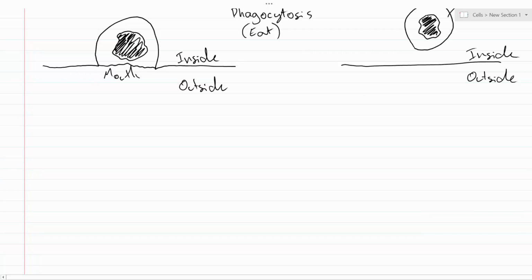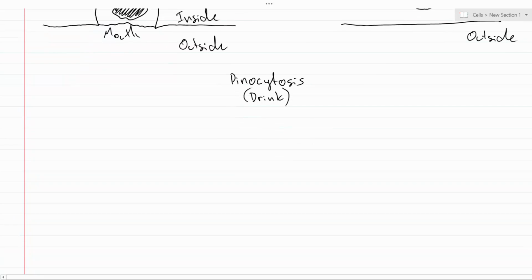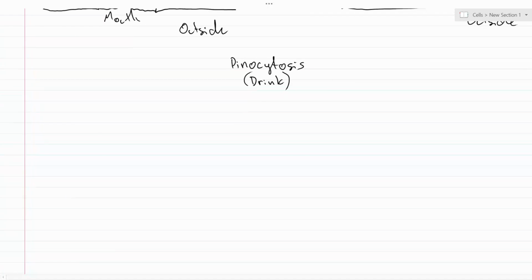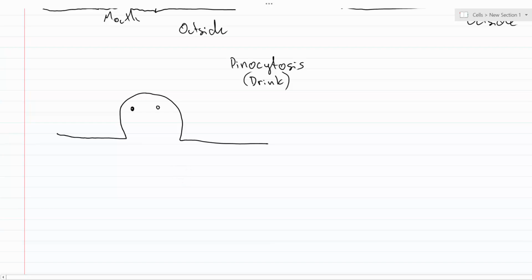Our second type of endocytosis is something called pinocytosis. And this translates to drink. So this is to do with liquids. What will happen in the case of pinocytosis is more or less similar to phagocytosis, but it involves liquid. Similarly, we have our cell membrane, and say we've got a liquid that contains a bunch of different things.